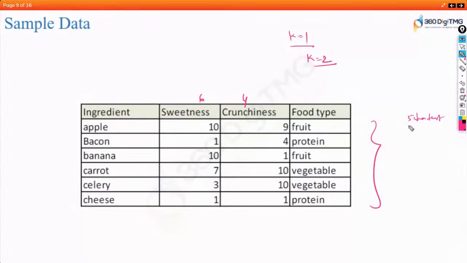If I say k equal to 2, then it will look at 2 shortest distances. Not 1, but 2 shortest distances. If I say k equal to 3, then you'll have 3 shortest distances. And among these, we first go with the majority, and then the shortest distance.